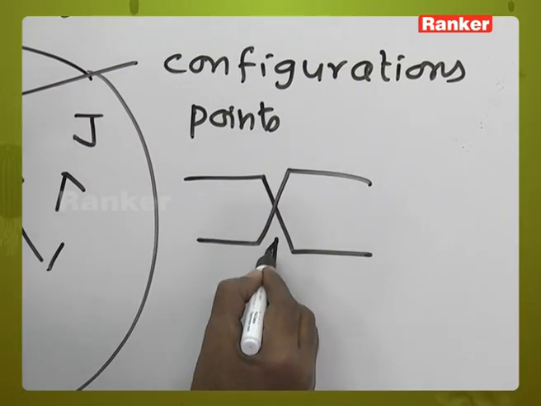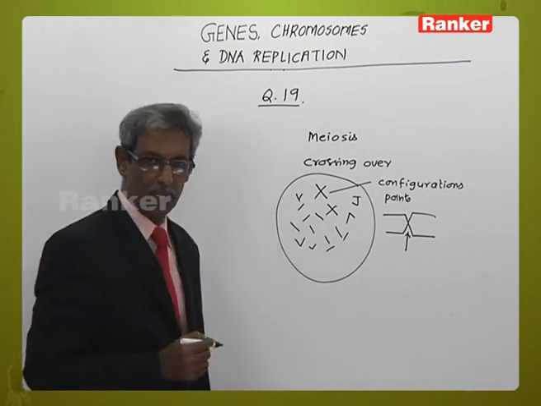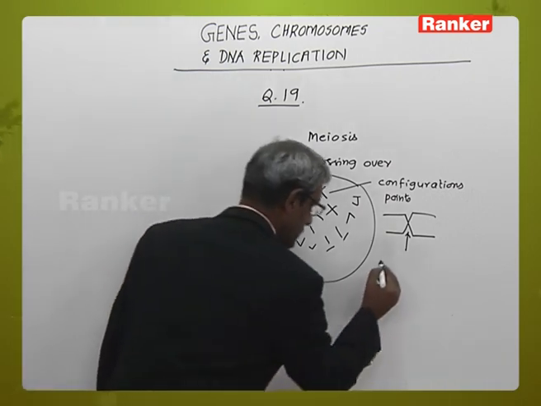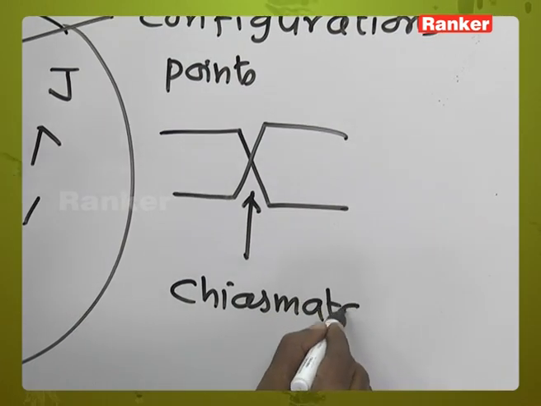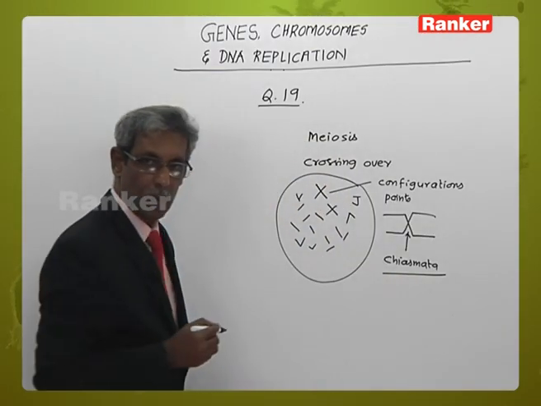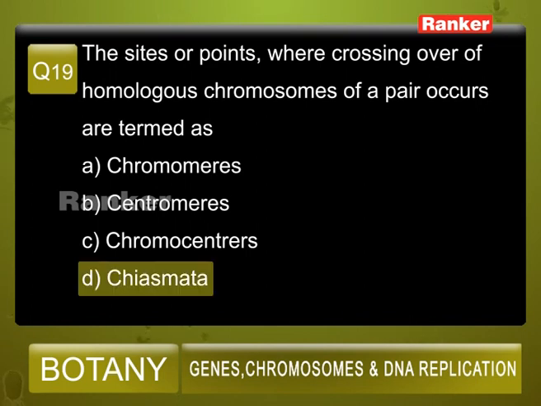This is the area where there is a reciprocal exchange of the genetic material. This is termed as chiasmata. The right answer is D.